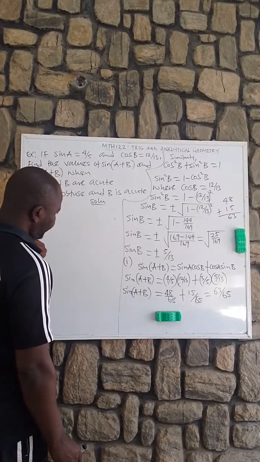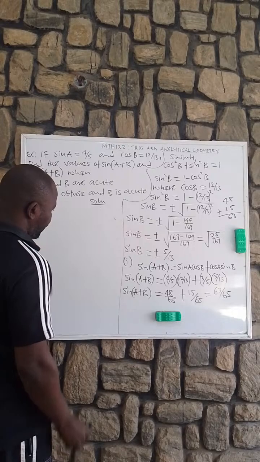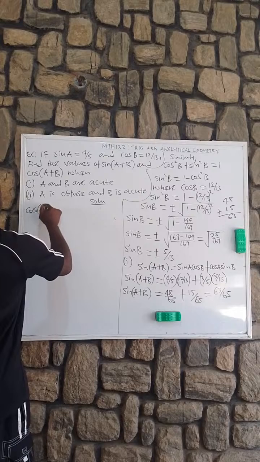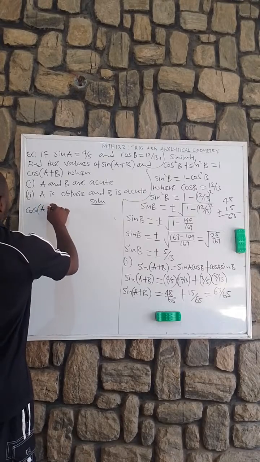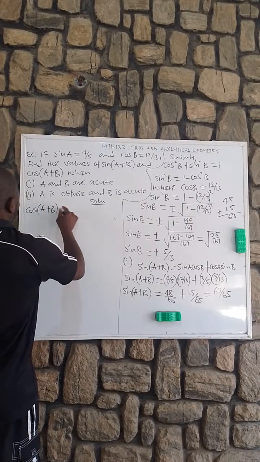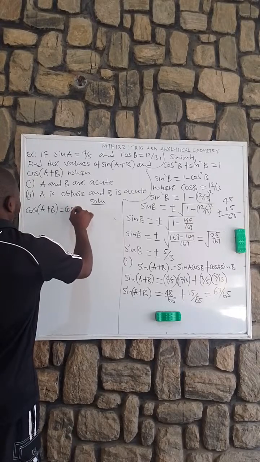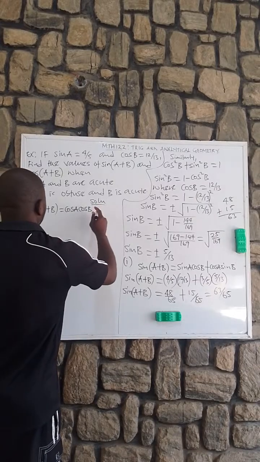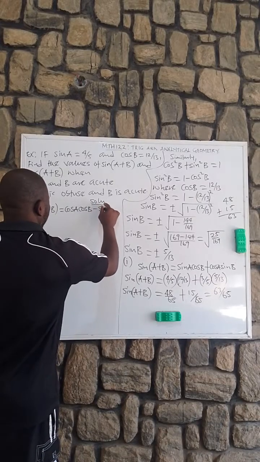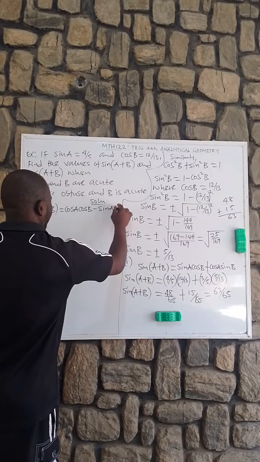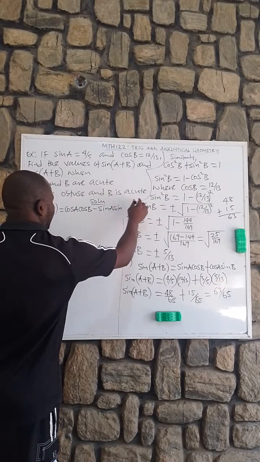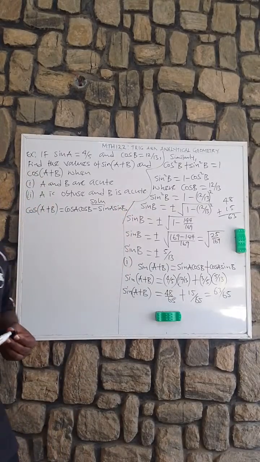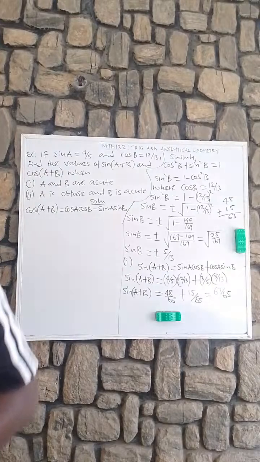So here, we are going to do the same thing. The cos A plus B is equals to what? Cos A cos B, isn't it? Then this is minus sine A sine B. Am I right? To the previous one.